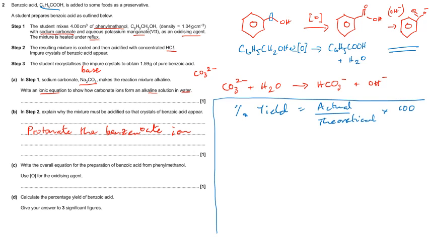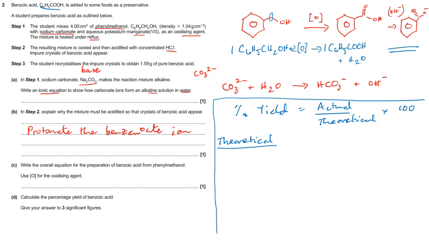So we need to work out actual and theoretical. Let's start with the theoretical. I prefer doing moles over moles instead of mass over mass. So our theoretical calculation, we know that we've got a 1-to-1 ratio in our balanced equation, and our theoretical calculation is all about the balanced equation.